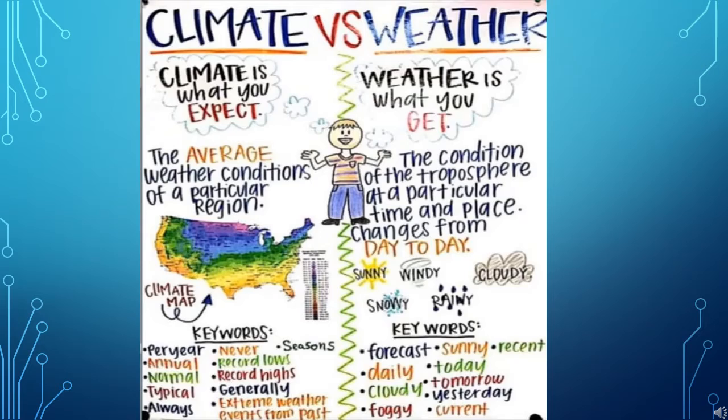Children, if you are watching the news on TV, just observe that in news channels they always say weather forecast. Have you ever heard a climate forecast? No. It is always a weather forecast, because weather is a temporary condition and can be forecast.